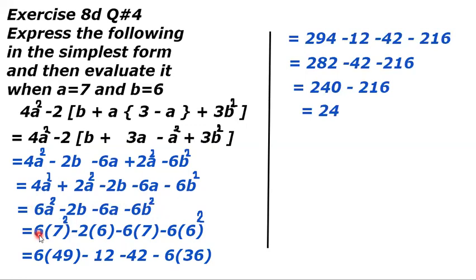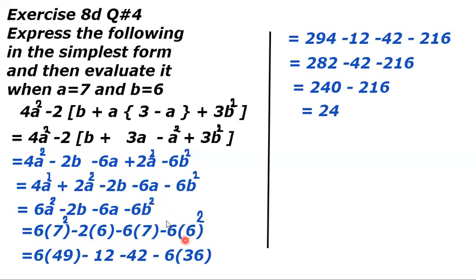Then now we will evaluate it, means instead of variables we will put numerals, we will put their values. 6 as it is, and instead of A square we will put its value. The value of A is 7, so 7 square, minus 2 and B, the value of B is 6, minus 6A, minus 6, the value of A is 7, minus 6B square, minus 6 as it is, and B square we will replace by its value.